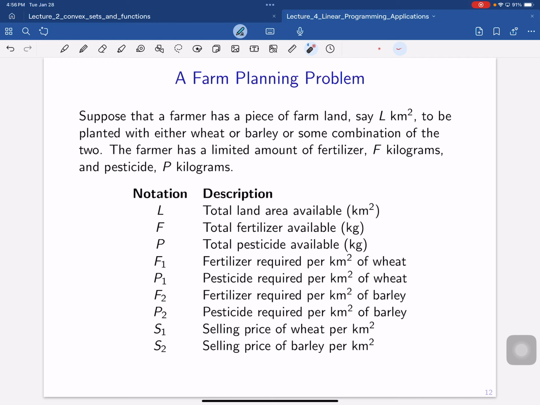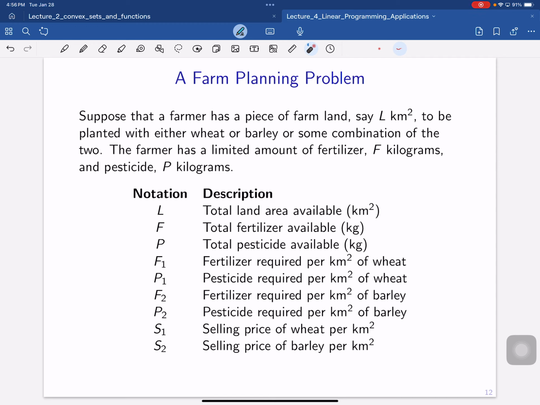Okay, so now let's suppose a farmer has a piece of farmland, say L square kilometers, to be planted with either wheat or barley or some combination of the two. Right? So these are the two products the farmer can make. And then you are constrained by the size of the land.